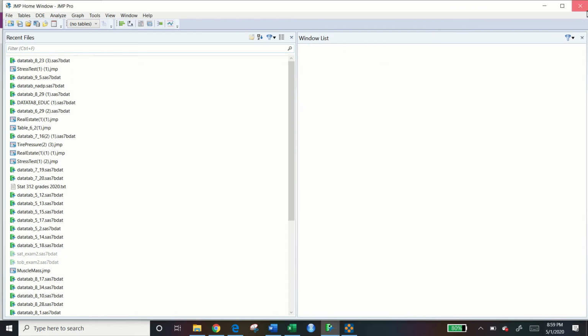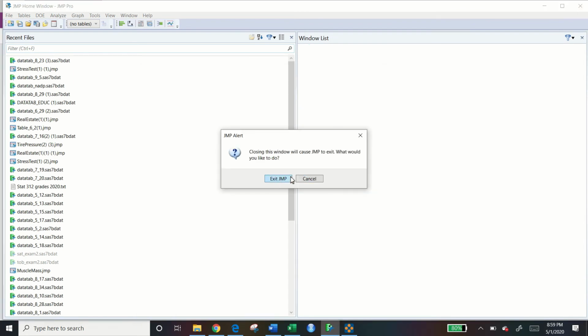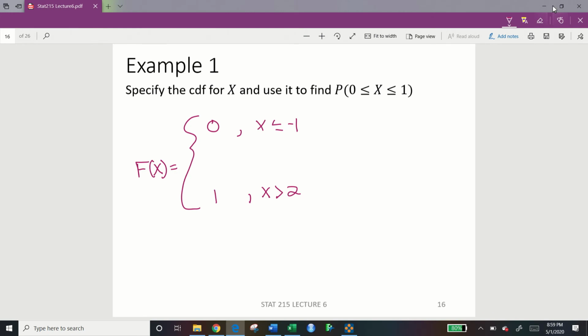Whoops, my hand just opened up jump. There we go, back to where we are. At this point, we've done our integration multiple times. We know that if we were to integrate x squared over 3 from -1 to 2, that equals 1.